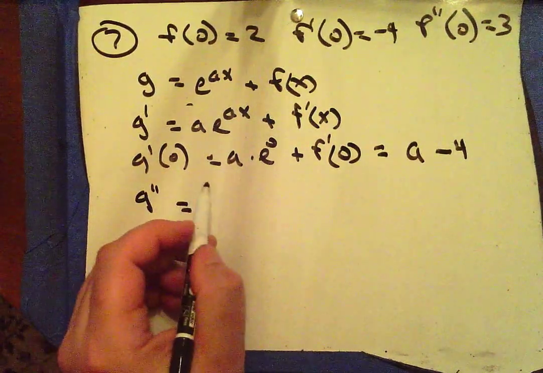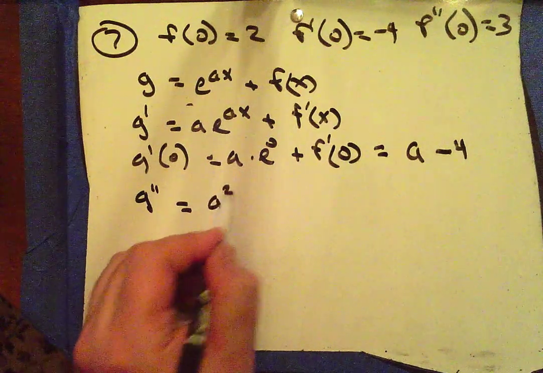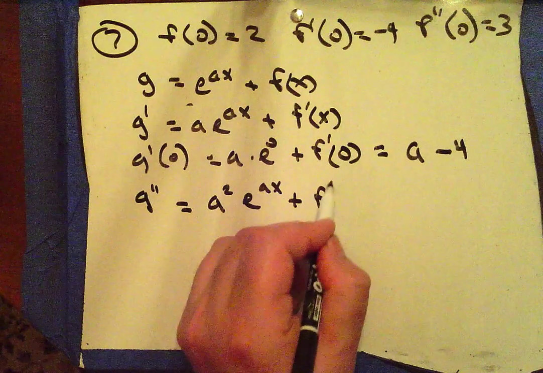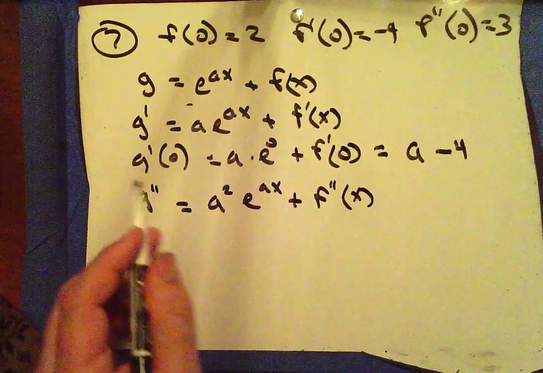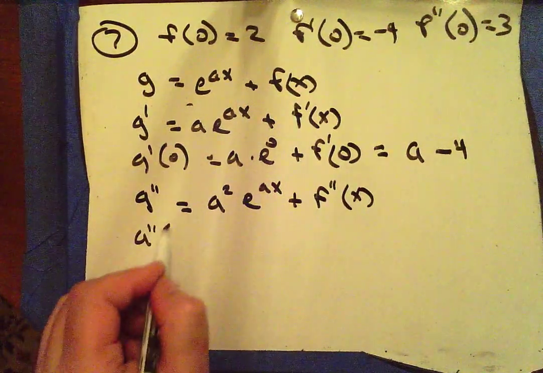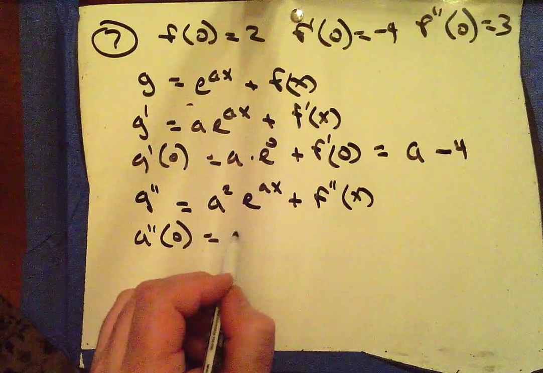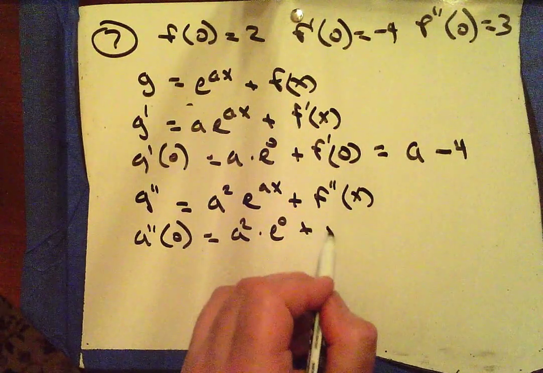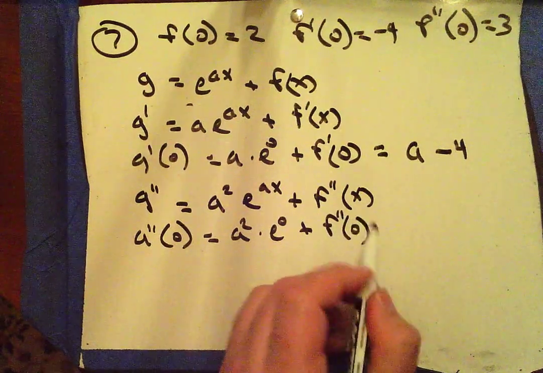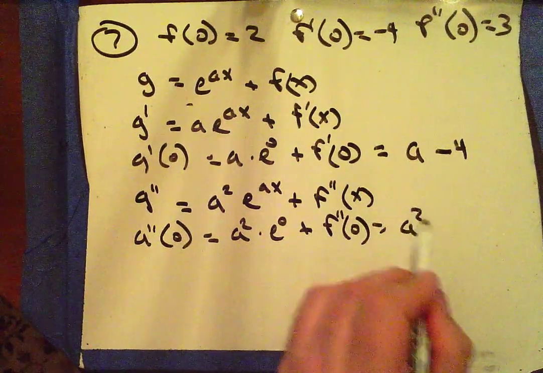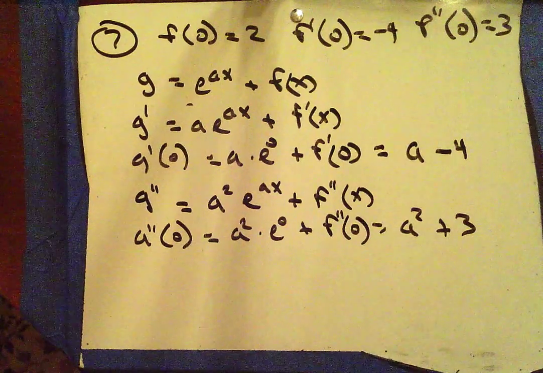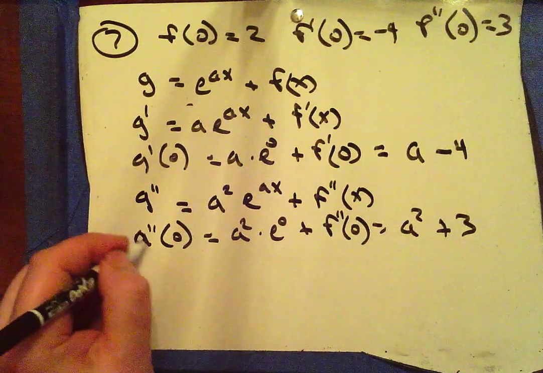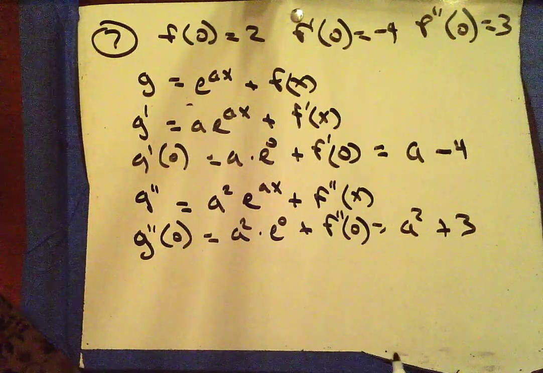Well, g double prime is going to be a squared e to the ax plus f double prime of x. So g double prime of 0 equals a squared e to the 0 plus f double prime at 0, which is a squared plus 3. I get a squared plus 3 for g double prime at 0.